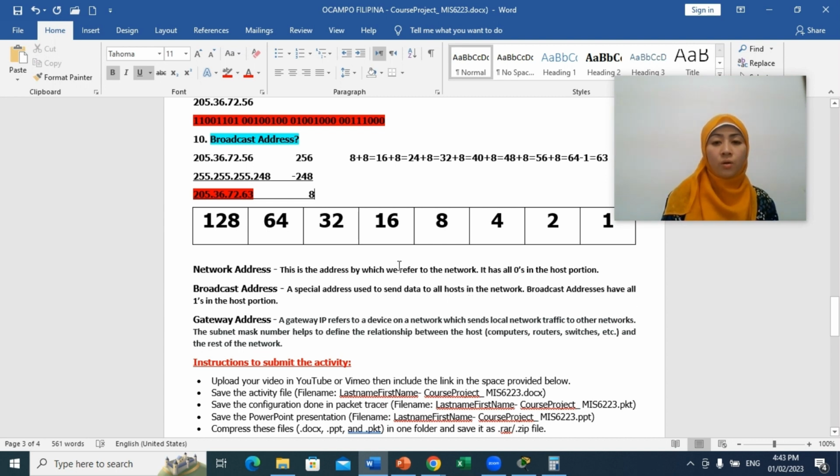Broadcast addresses have all ones in the host portion. Gateway address. Gateway IP refers to a device on a network which sends local network traffic to other networks. The subnet mask number helps to define the relationship between the host computers, routers, switches, etc., and the rest of the network. So now that's all for the course project.